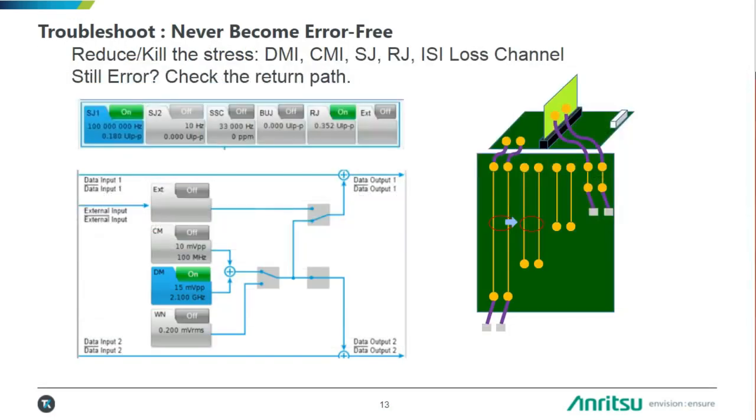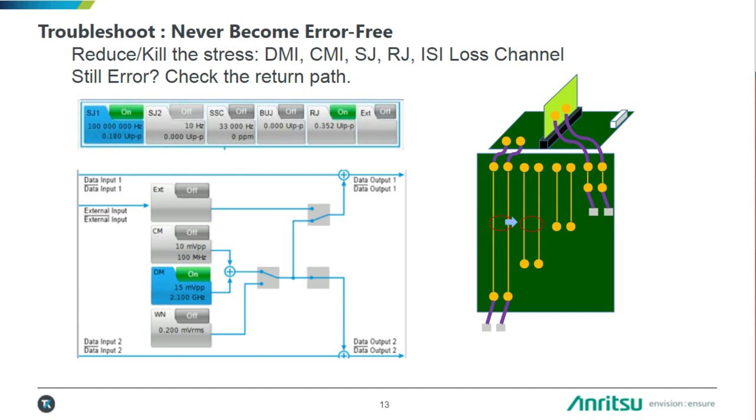Okay, so now your DUT gets looped back, but you still see some errors. In that case, you can reduce or kill the stress. You can manually adjust the SJ, RJ, common mode noise, and differential mode noise, so you can just kill all the stress. And you can also change or reduce the ISI channel.